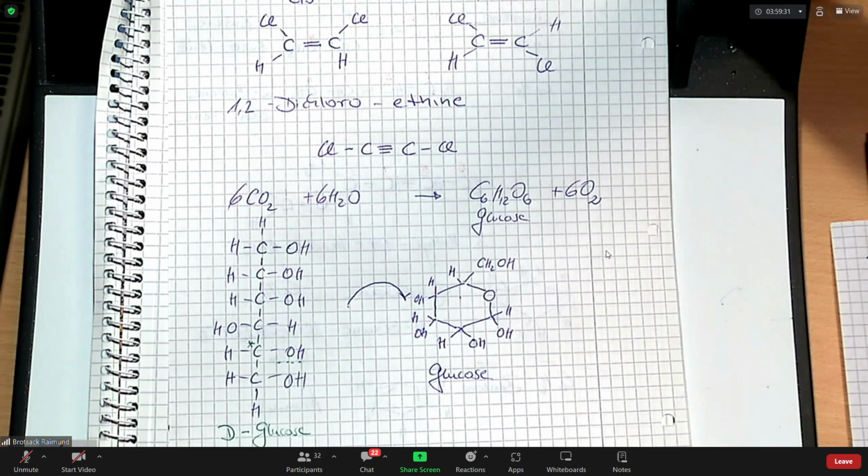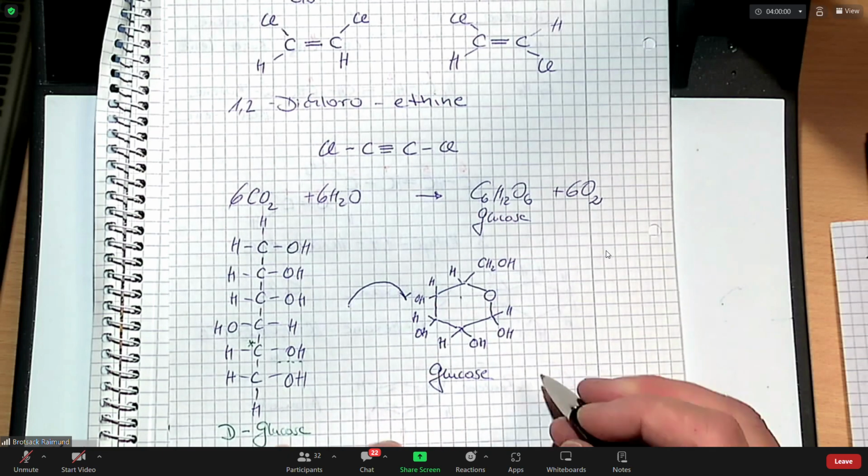And when we go further, there is even a difference in this one. When we create the cycle, the OH can look above the cycle or below the cycle. And this is what we call alpha and beta glucose. Maybe you heard about it.